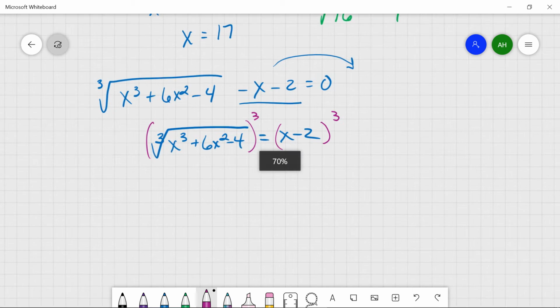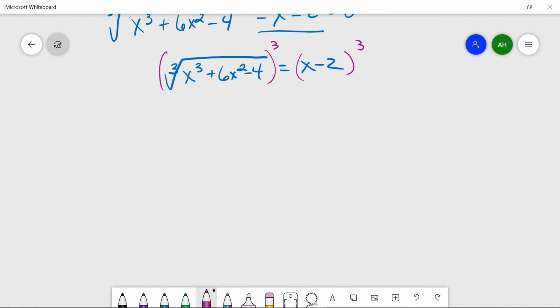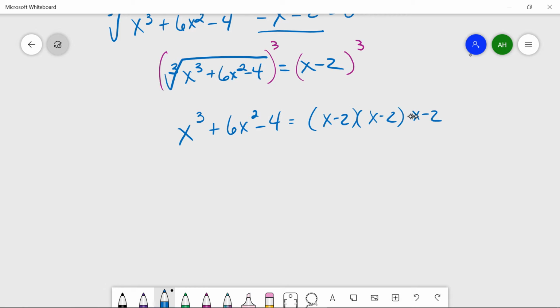As I do that, my radical sign is going to go away. I have x cubed plus 6x squared minus 4 equals, and now this is going to be x minus 2, x minus 2, x minus 2. I'm going to need to FOIL two of them, get a trinomial, and then multiply that by the third one.